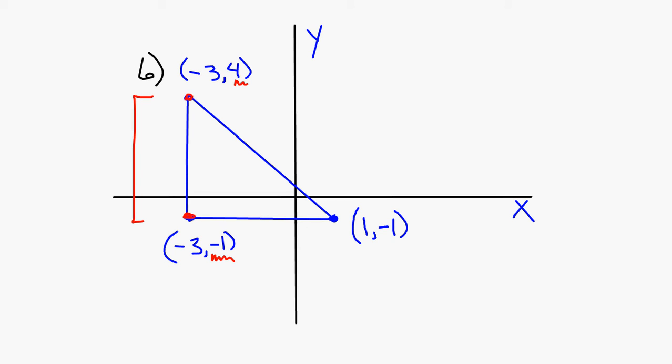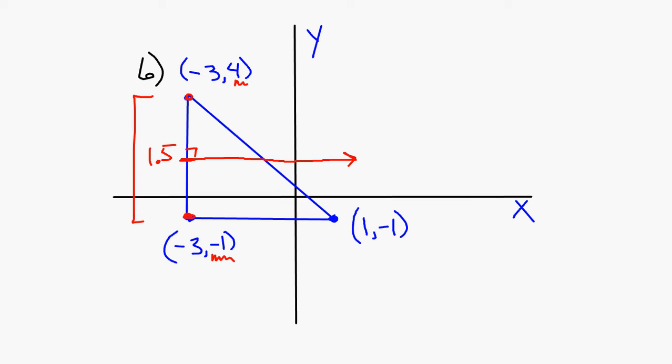What's half of 5? 2.5. If you add 2.5 to -1, it tells you where the middle of this side is. -1 plus 2.5 is 1.5. A line through here at 1.5 is a perpendicular bisector.